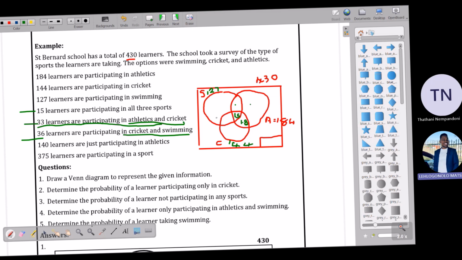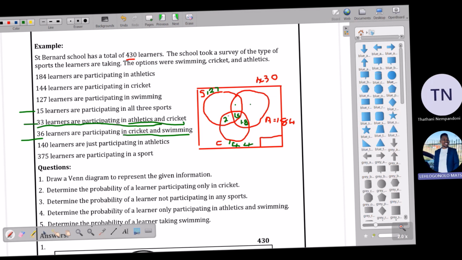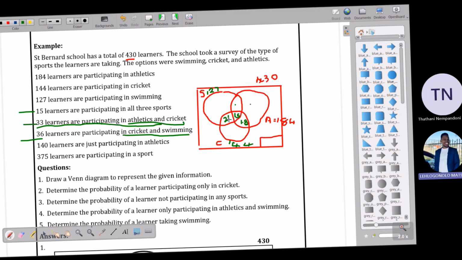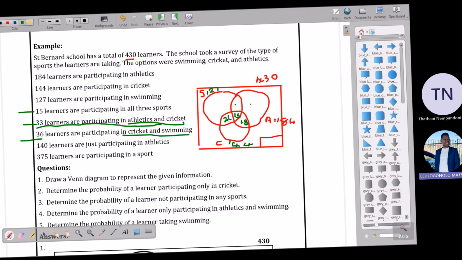So we're going to say 36 minus 15. When I check on my calculator, it gives me 21. So out of the 36 that are doing cricket and swimming, we have 15 already counted within, and then we will minus 15 from 36, which will give us 21.